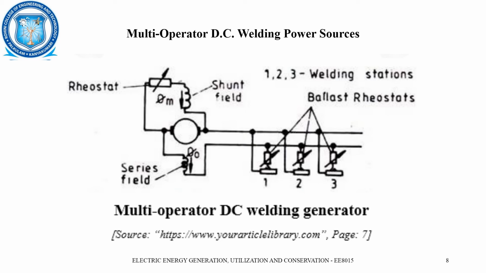And the last one is the multi-operator DC welding power source. Here there are two field windings, connected as a shunt field as well as a series field, and here we have more ballast rheostats. The multi-operator welding generator has two field windings, one shunt and the other in series.